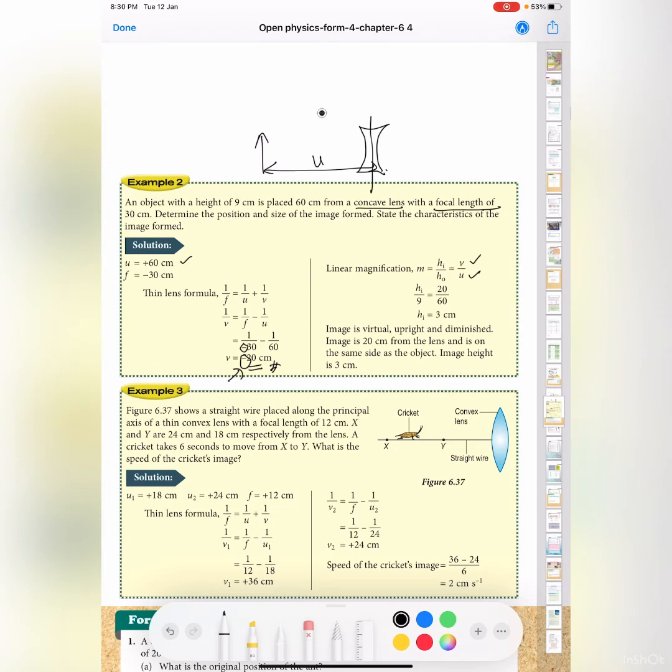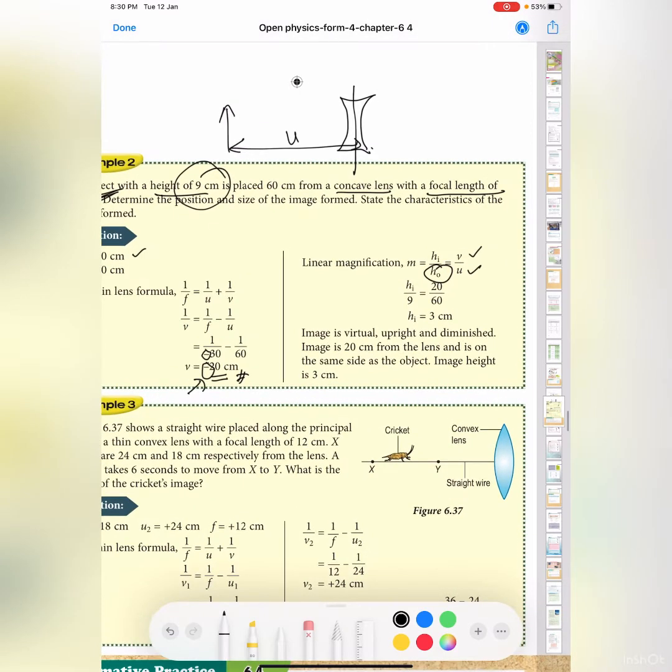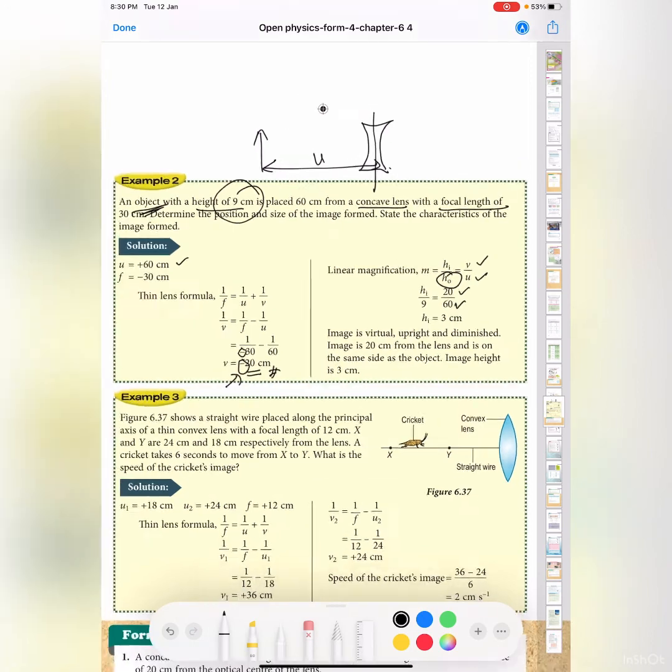So remember the hi, ho, v, u thing. We know the object height, 9 cm, and we don't know the image height. We know the object distance, and we know the image distance.